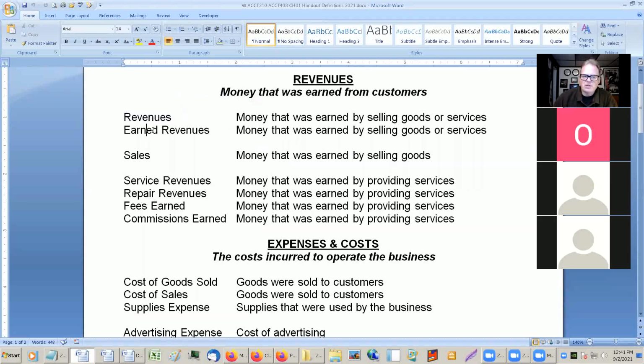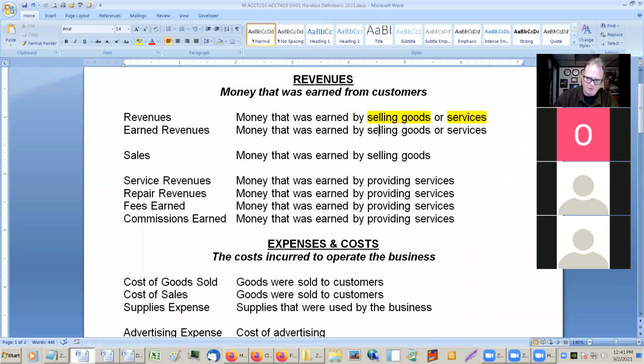And revenues are sometimes called earned revenues. They could be selling goods or services. It could be either one. You could be selling hamburgers. You could also be selling services. Comcast, they sell services.